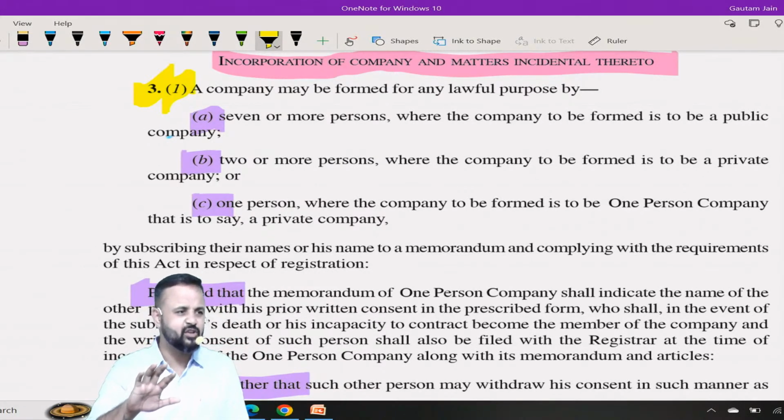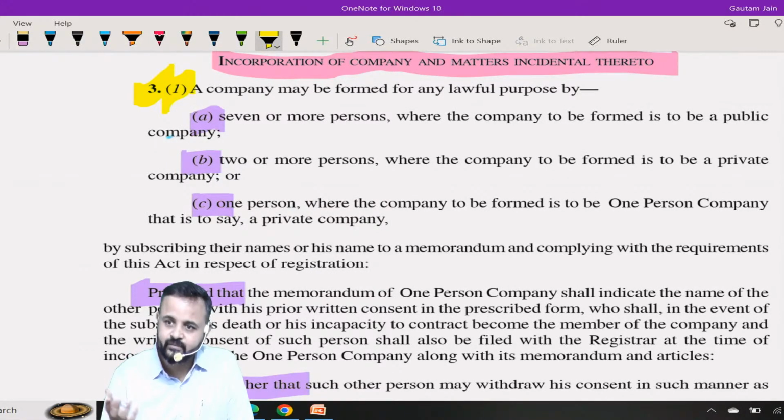No, that much is not required as of now. But slowly, when your level increases, like when you go to final, when you become a chartered accountant, people will start expecting even subsection numbers and clauses. If not for everything, at least important provisions. Understood? So don't waste your time unnecessarily by writing subsection numbers.